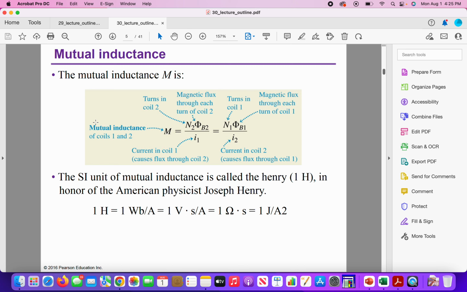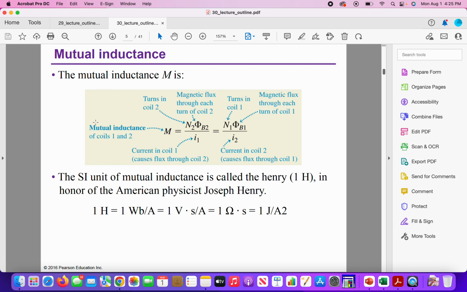And at the same time it equals N1 times the magnetic flux in coil 1 divided by the current in coil 2, because the current in coil 2 is going to cause the flux through coil 1.